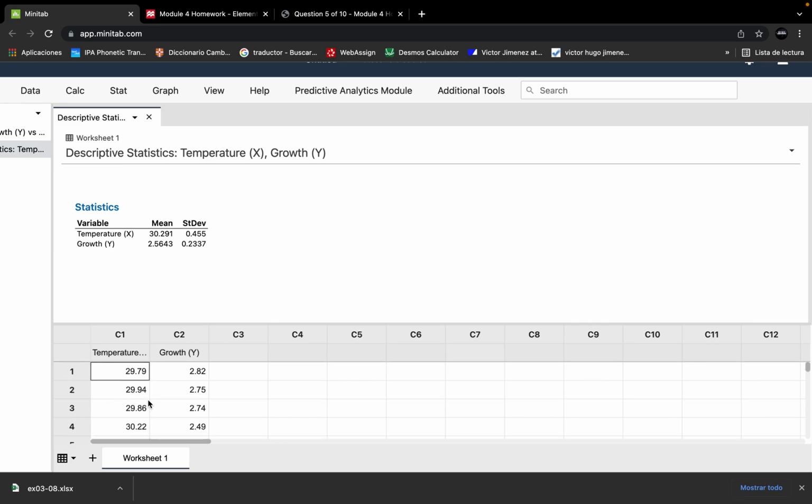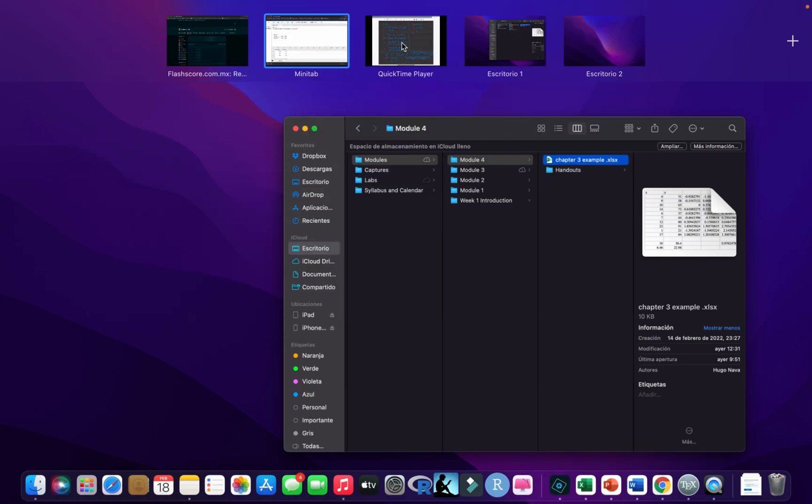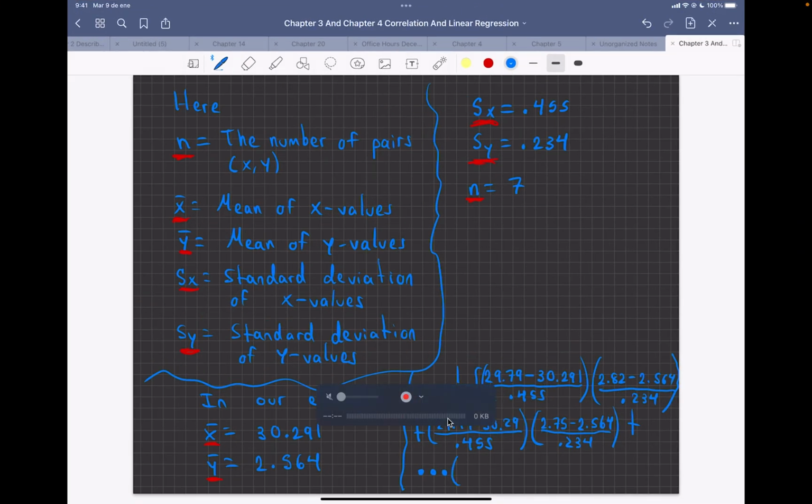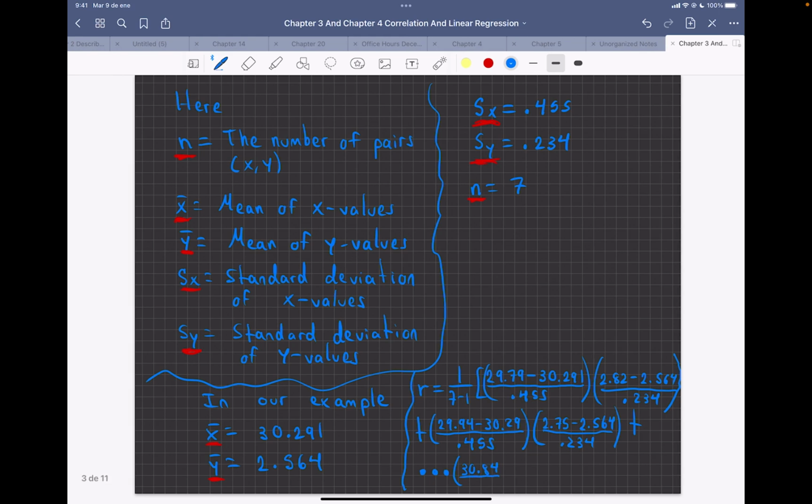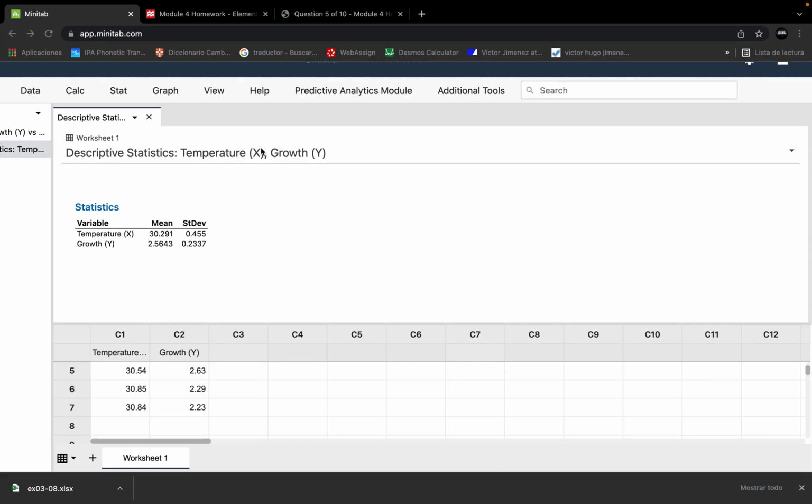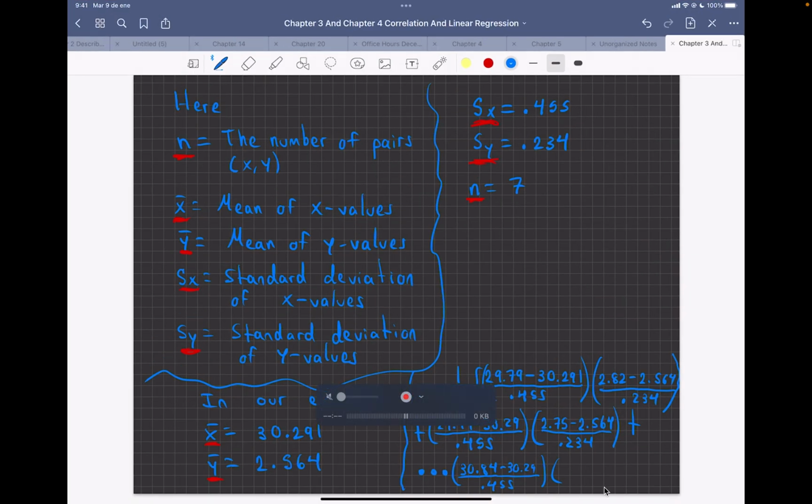The last x value is 30.84, minus the mean, 30.29, divided by 0.455, times the last y value, 2.23 minus the mean of y, 2.564, divided by 0.234.